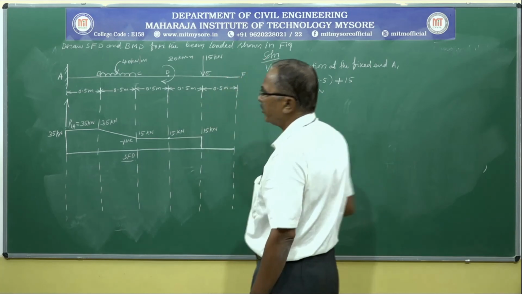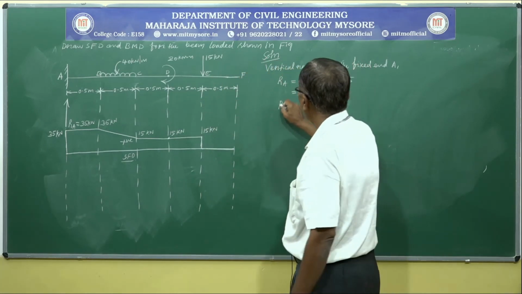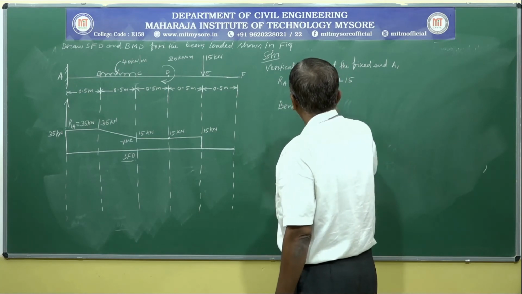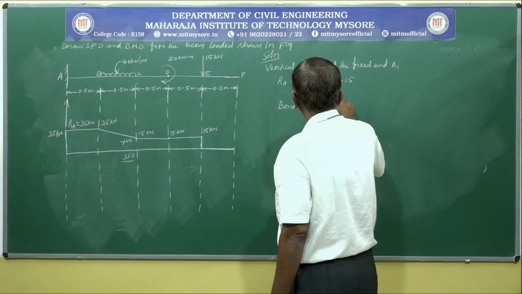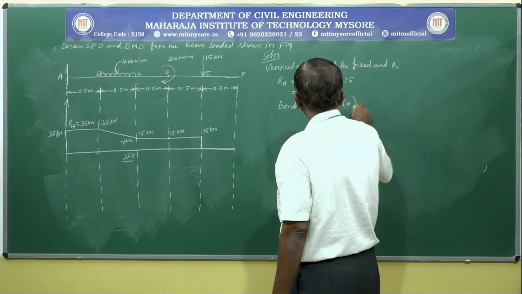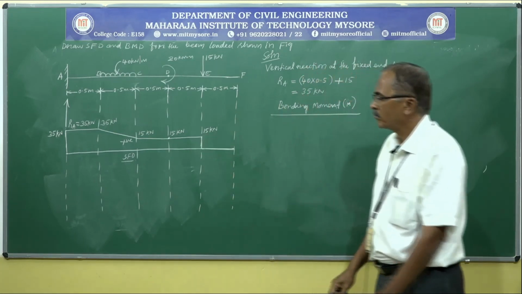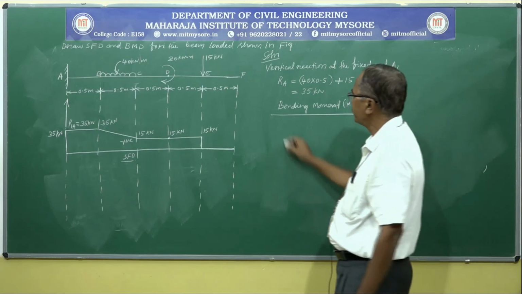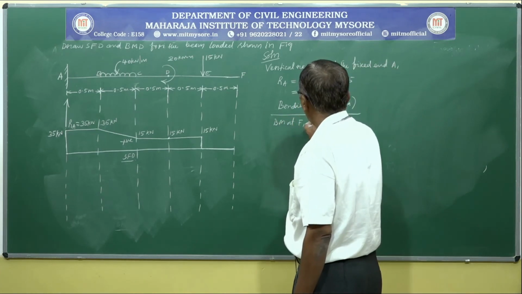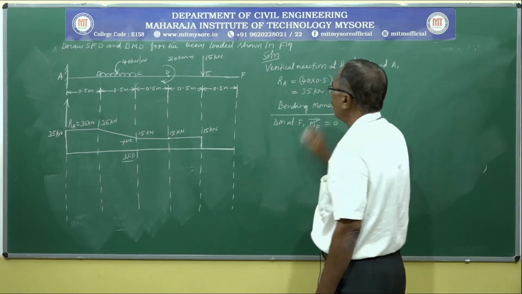Directly we can calculate bending moments, and then you can draw the bending moment diagram. Proceed from the free end. Bending moment at F, MF, by considering forces to the right hand side, it is 0.